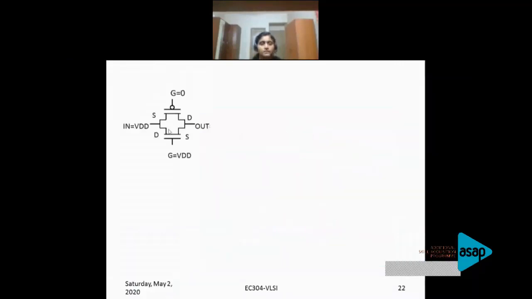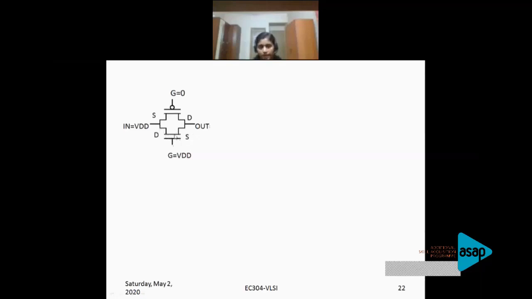You're giving the input as logic high. Now we know that you have an NMOS here. NMOS will switch off as soon as this output capacitor charges up to VDD minus VTH, right? So when it switches off, that means this gives a high resistance path.